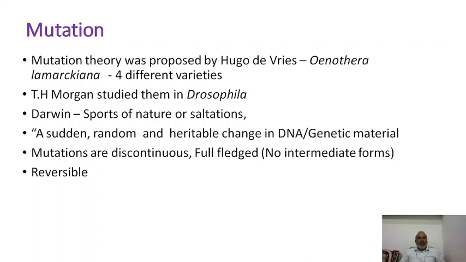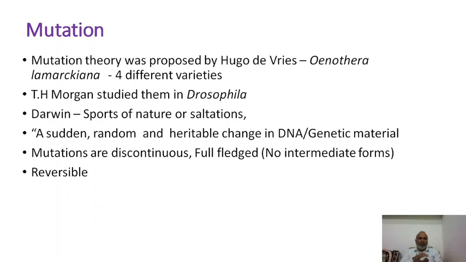When he was observing his garden of Oenothera lamarckiana, the evening primrose plants, all of a sudden he noticed that four different varieties of plants had formed in his garden: Oenothera nanella, Oenothera gigas, Oenothera brevistylis, and Oenothera laevifolia. These four new varieties formed all of a sudden in one generation. And it is a sudden change. Oenothera nanella is very, very short.